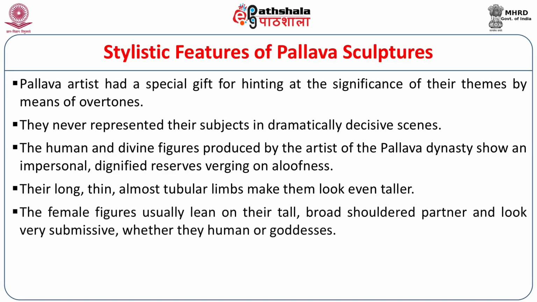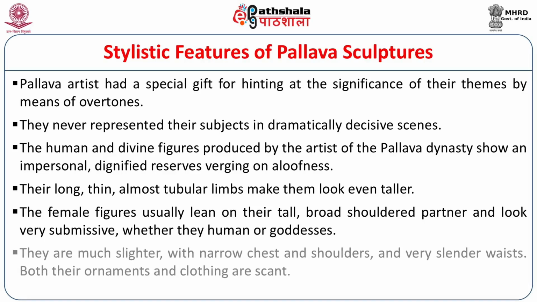The female figures usually lean on their tall, broad-shouldered partners and look very submissive, whether they are human or even goddesses. They are much slighter, with narrow chest and shoulders and very slender waist. Both their ornaments and clothing are very scant, very limited.